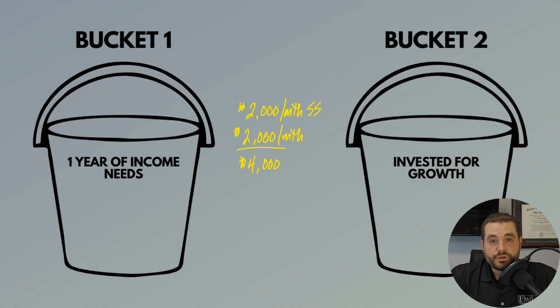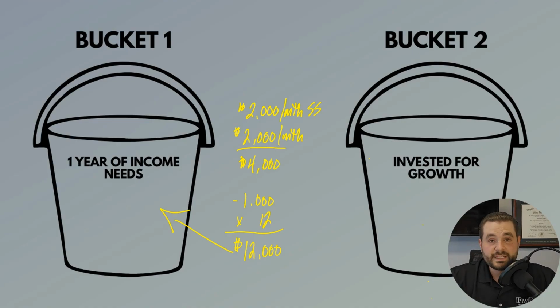Now, if you work through your numbers and you're building out what your retirement income plan is going to look like, and you determine that you need $5,000 per month to live, then you have a $1,000 per month shortfall. So if you're down $1,000 a month and we want to fill bucket 1 with 1 year of income, we're going to multiply that by 12. That's going to give us $12,000 that needs to be in bucket 1.